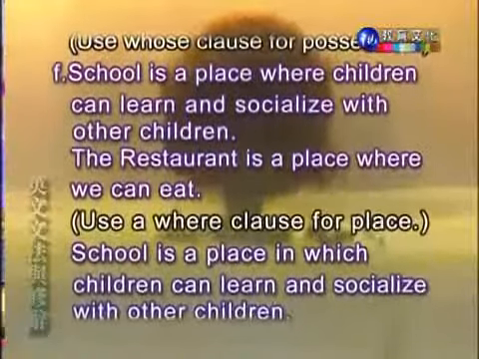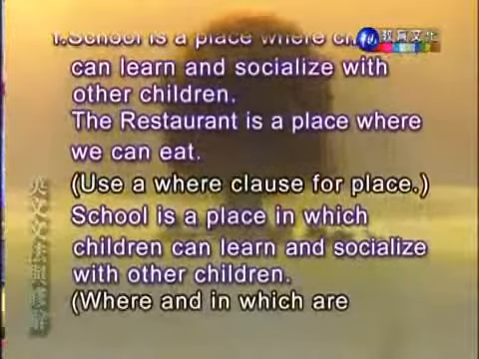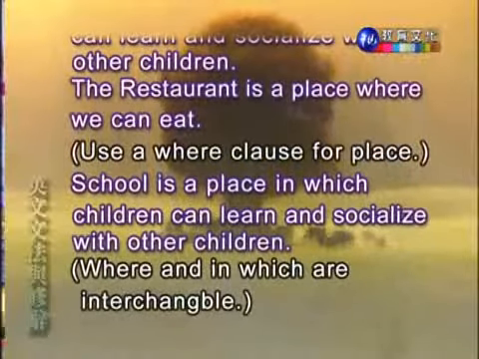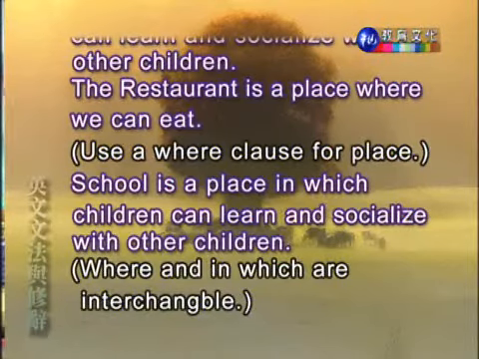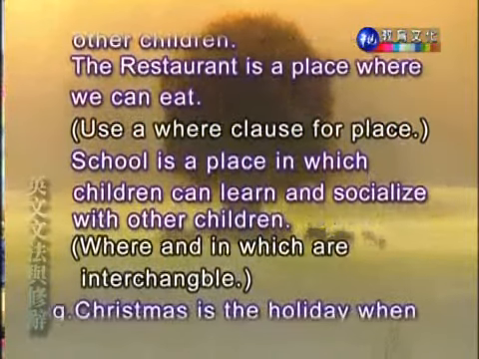The restaurant is a place where we can eat. Where, use where for place. School is a place in which children can learn and to socialize with other children. Where and in which are interchangeable.